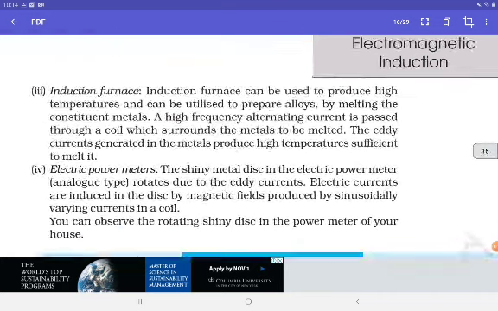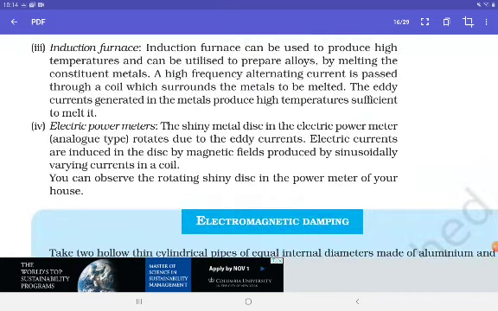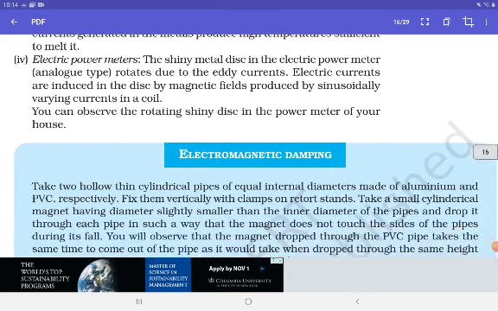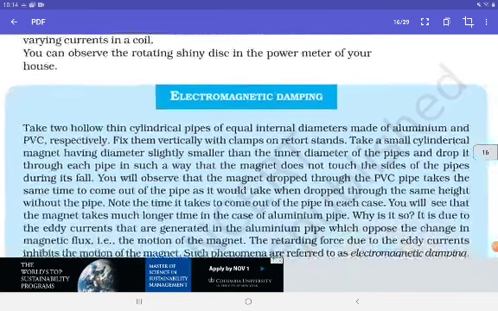Electric power meters: the shiny metal disc in an electric power meter rotates due to eddy currents. Electric currents are induced in the disc by magnetic fields produced by sinusoidally varying currents in a coil. You can observe the rotating shiny disc in the power meter of your house.